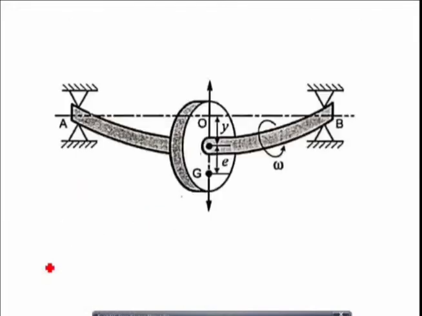Now let us consider that the shaft is rotating at omega radian per second. As I said earlier, when the shaft starts rotating, the centrifugal force will act radially outwards from the center point G. Now there will be another force called the restoring force.